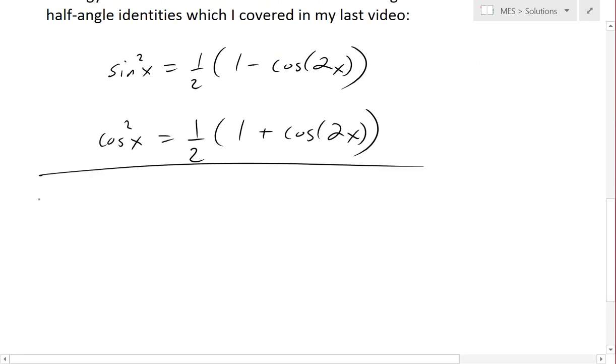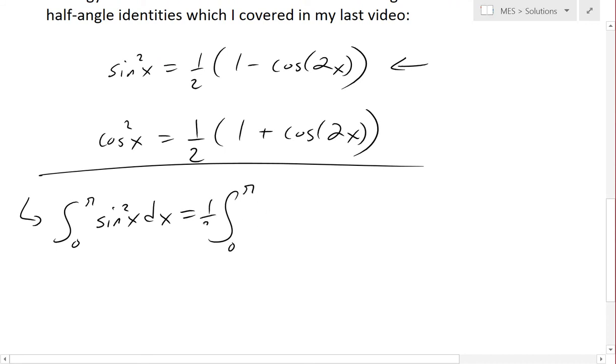Now in our case we can apply this identity. We have the integral from 0 to pi of sine squared of x dx, which equals the integral from 0 to pi of 1/2 times (1 minus cos 2x) dx.